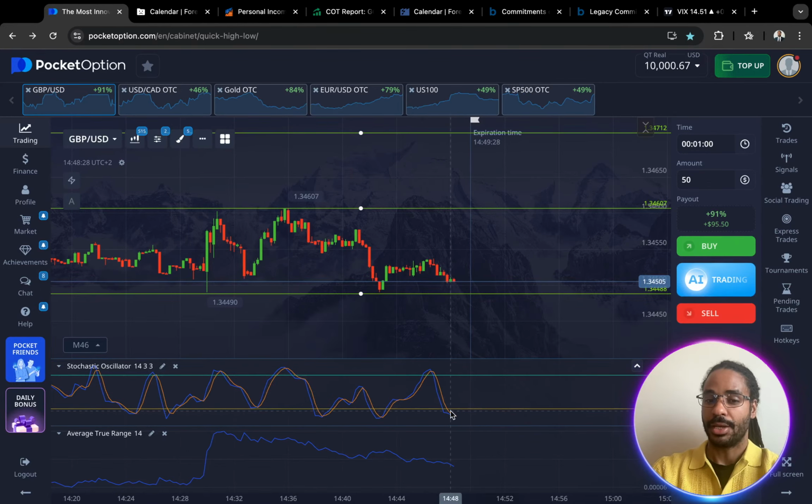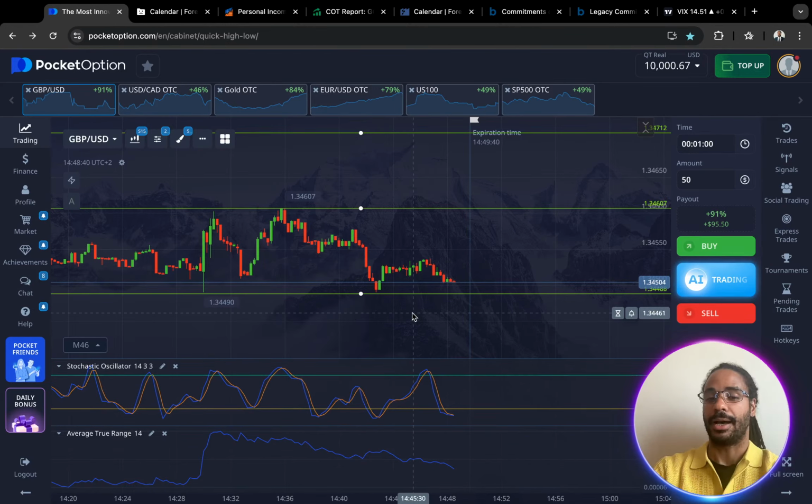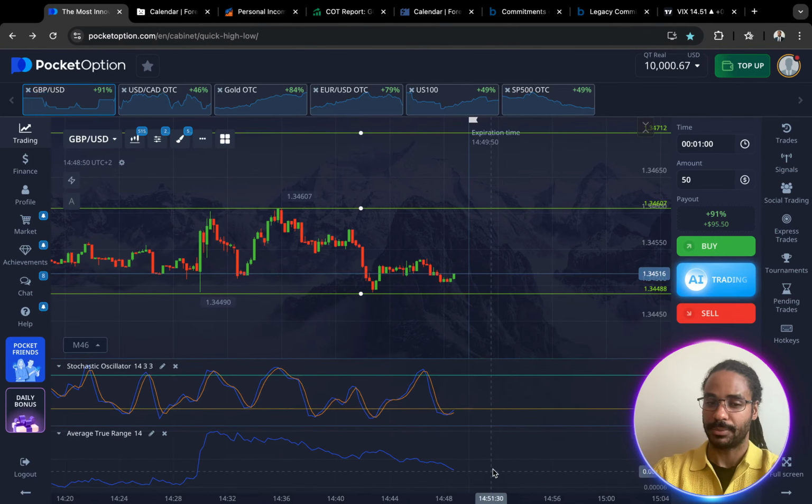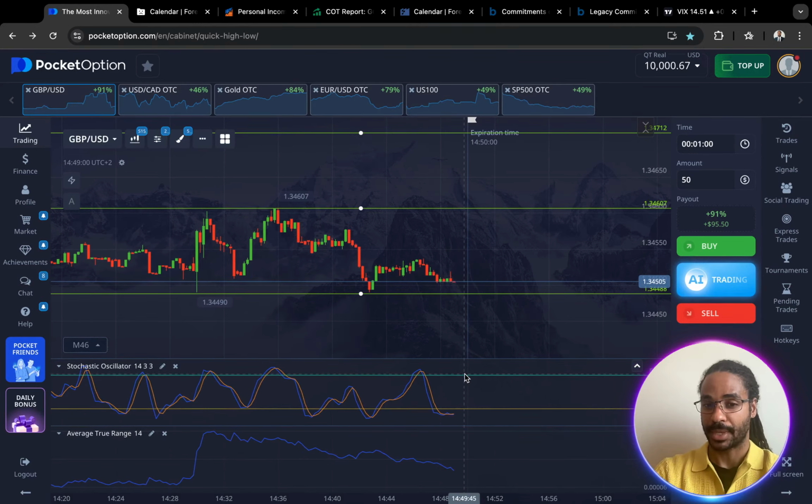However, we're getting conflicting signals here. We've identified for this particular scenario, the USD is stronger. We expect the GBP to fall and break below the 1.34. The average true range is still floating as well, heading towards the lower level, but the stochastic has tilted a little bit up, showing some strength.